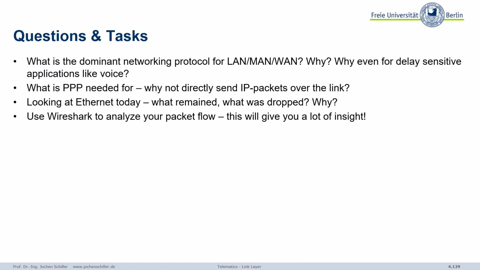So some questions before we come to the infrastructure. So now I'm pretty sure you know the dominant networking protocol on layer 2 for local, metropolitan, and wide area networks. But why is this the case?